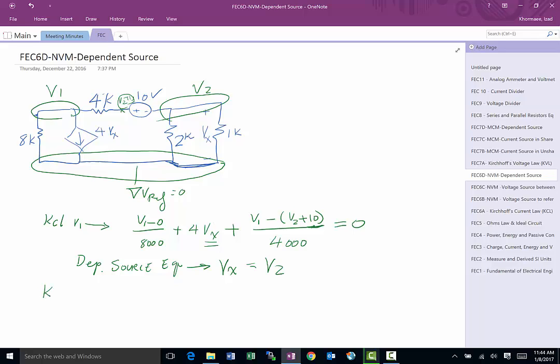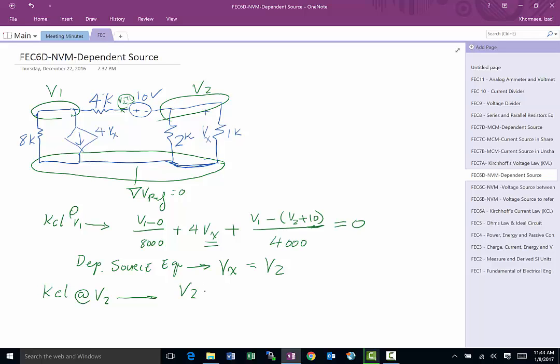Now the next one is KCL at the other node, V2. This might be a little more tricky because this voltage is V1 minus this voltage.